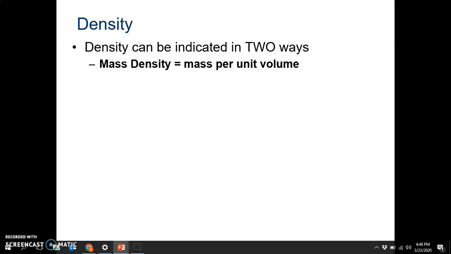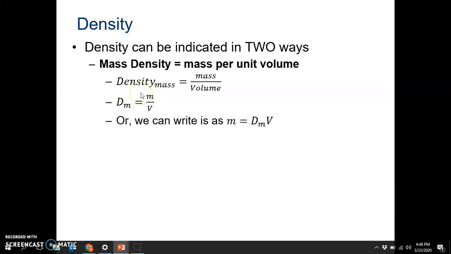Let's look at mass density first. Mass density is mass per unit volume. So density of mass equals mass over volume, or with simple variables, D equals M over V. Or you can algebraically rewrite that to be mass is equal to density multiplied by volume.